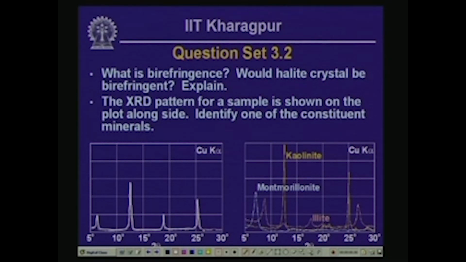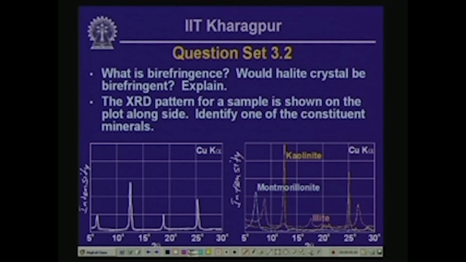Now, this is the XRD pattern that was given to you. So, as usual, intensity is on the vertical scale, and on the horizontal scale you have the angle 2 theta that was explained in the last lesson. What I have done here, I have put side by side the XRD signatures of 3 clay forming minerals on the plot shown on the right side, at the bottom of the slide here.